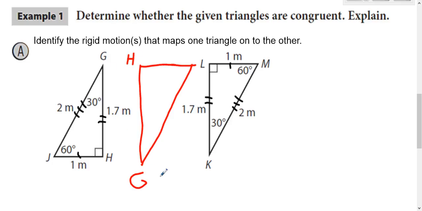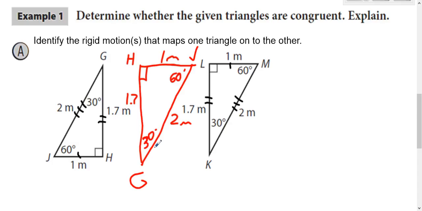G would be down at the bottom if you rotated it 180 degrees. And J would go here. Fill in the measurements that go with that. That would be a 90-degree angle. This would be 30, and this would be 60. So once you get that rotation, you can see that everything is exactly the same.